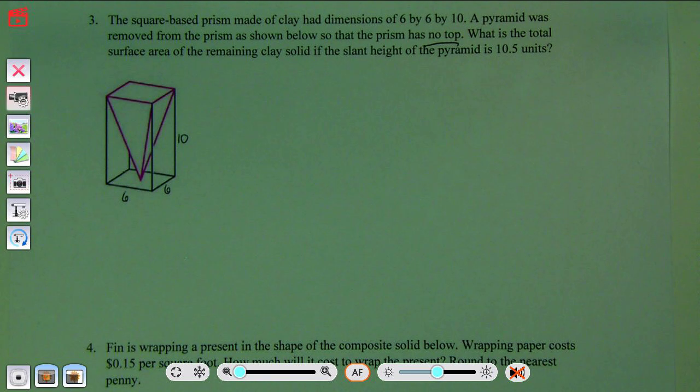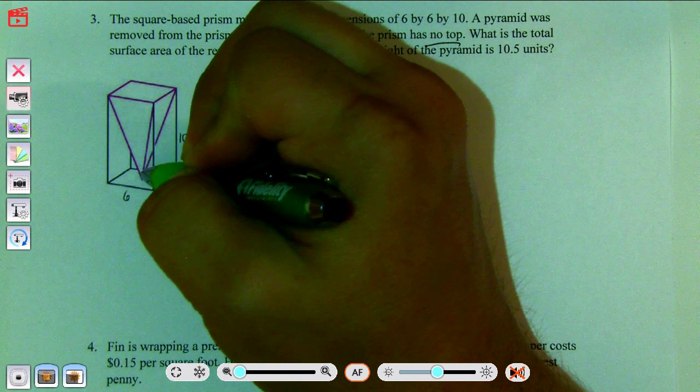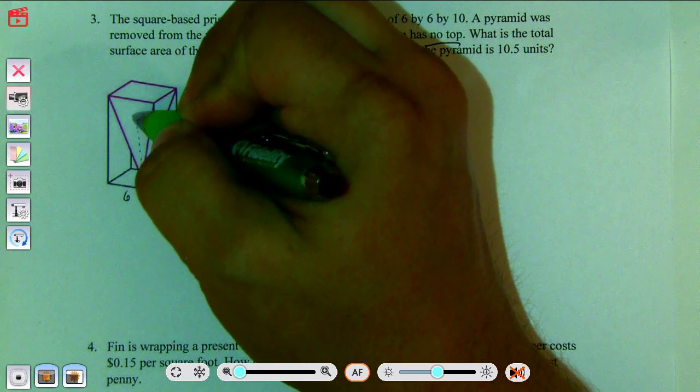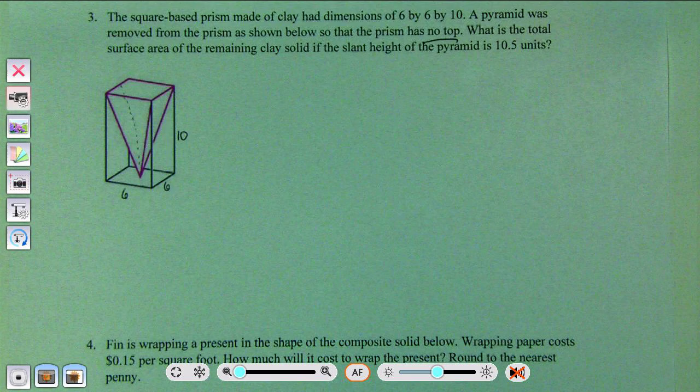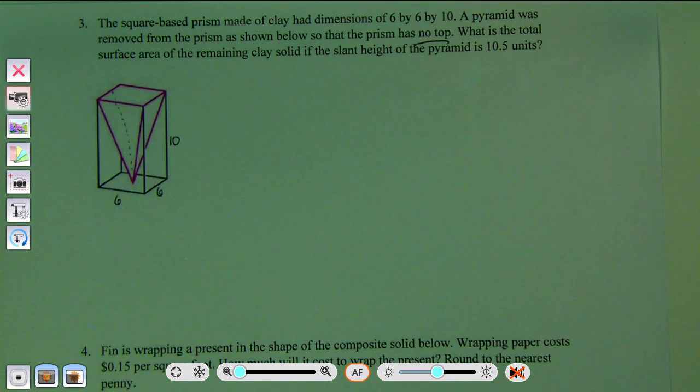And then what is the total surface area of the remaining clay if the slant height of the pyramid is 10.5 units? Well, surface area is all the visible faces that you can see outside of the shape that you could actually touch without going to the middle of the shape.